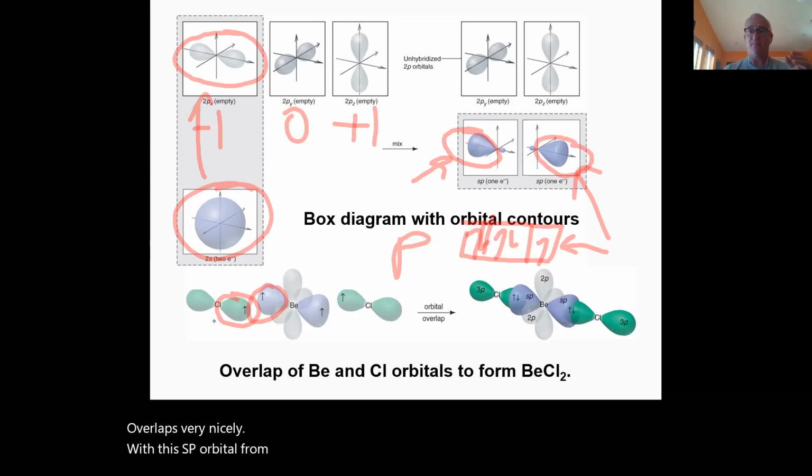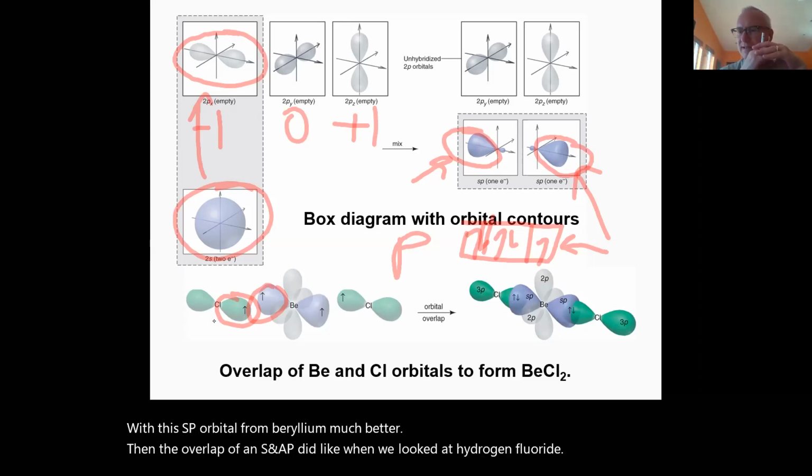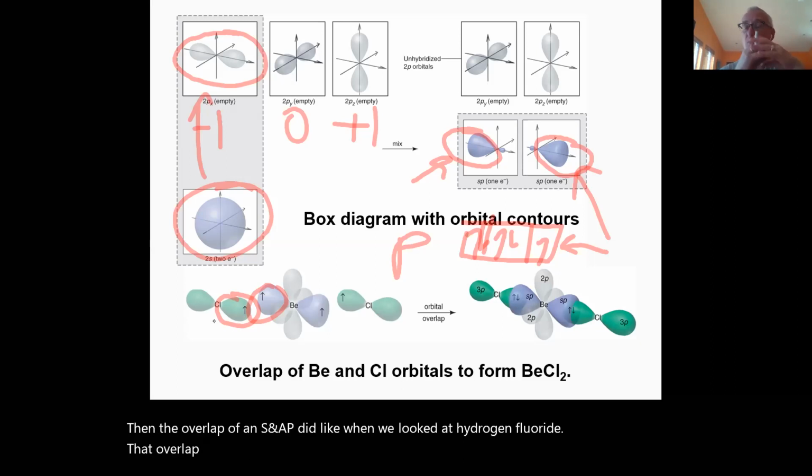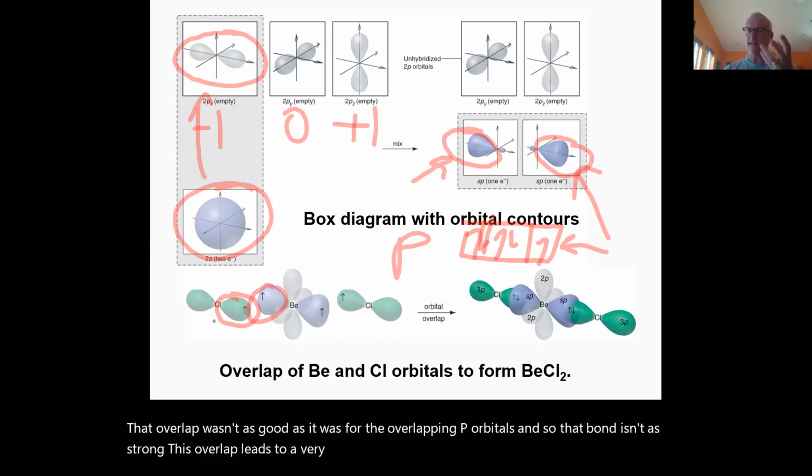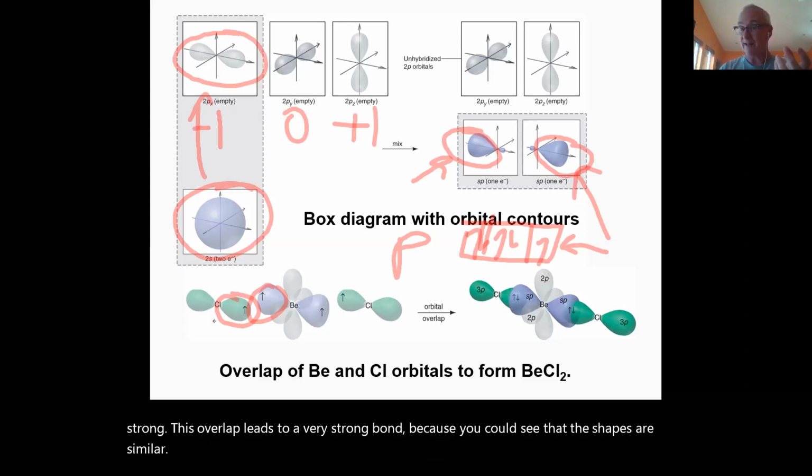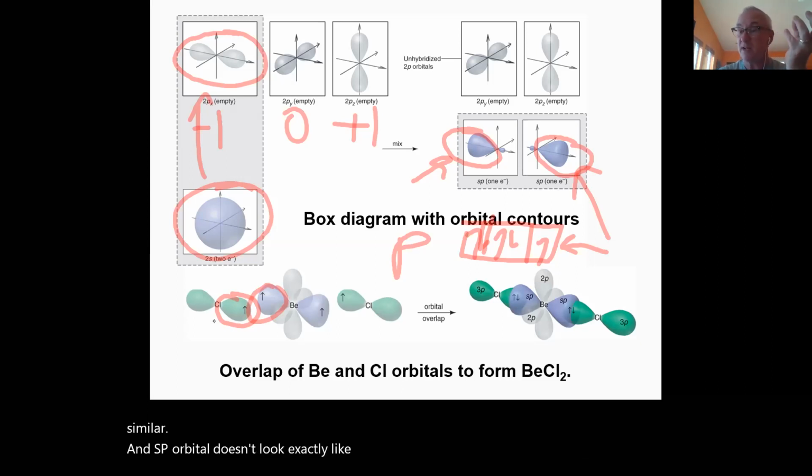Much better than the overlap of an s and a p, like when we looked at hydrogen fluoride. That overlap wasn't as good as it was for the overlapping p orbitals, and so that bond isn't as strong. This overlap leads to a very strong bond because you can see the shapes are similar. An sp orbital doesn't look exactly like a p orbital, but it's pretty close.